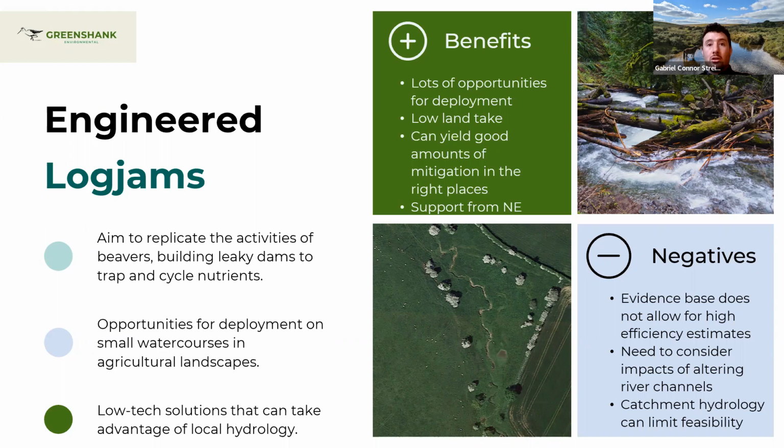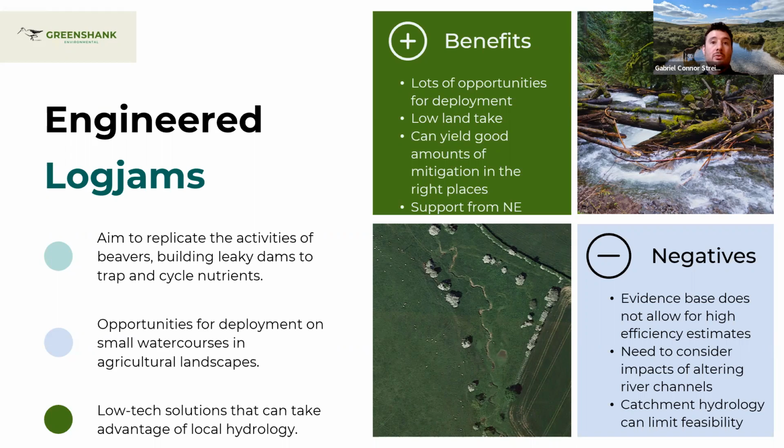Some of the negatives associated with engineered log jams: we're relying on a lot of work to do with what beavers do in the environment in terms of setting the efficiency estimates that I mentioned previously that we'll need for schemes like log jams and riparian buffers. That evidence base suggests that they can be effective, but it doesn't necessarily allow for really high efficiency estimates.